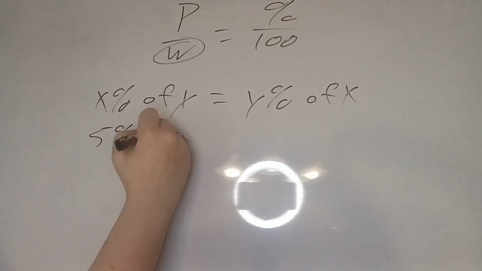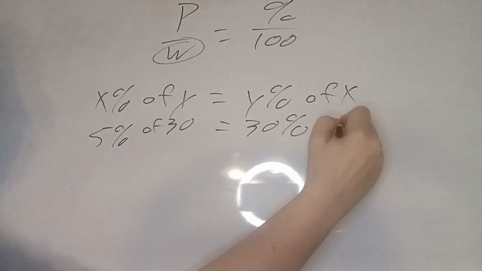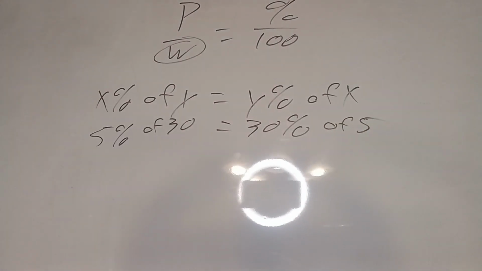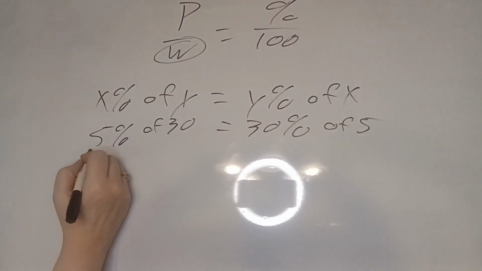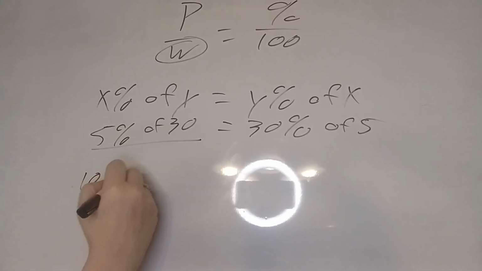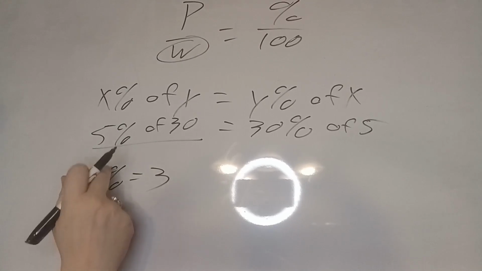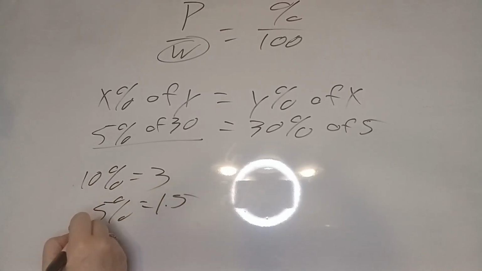5% of 30 is 30% of 5. So let's look at that. 5% of 30. Well, 10% of 30 is 3. Cut them both in half. We have 5% is 1.5.